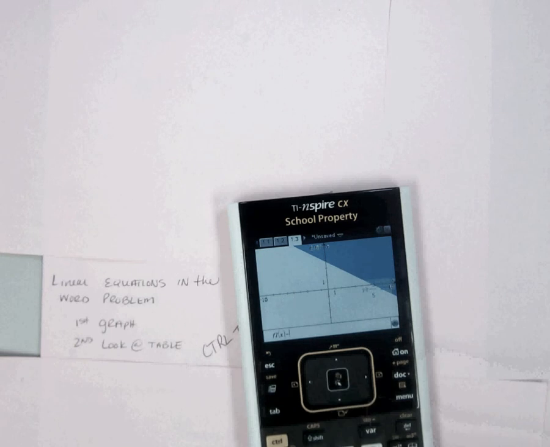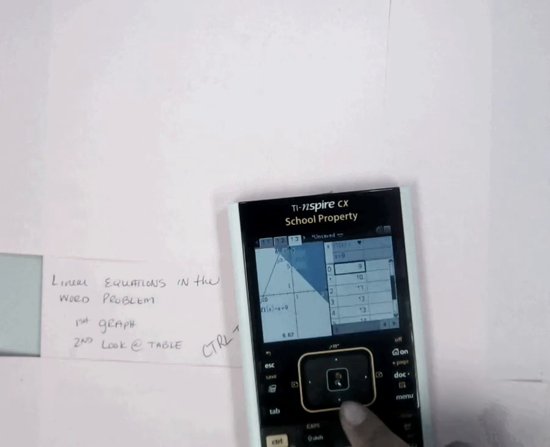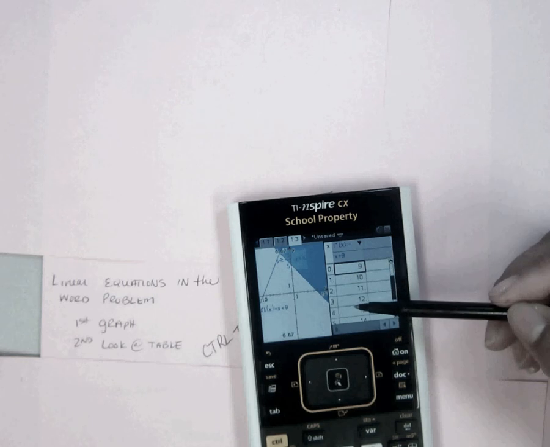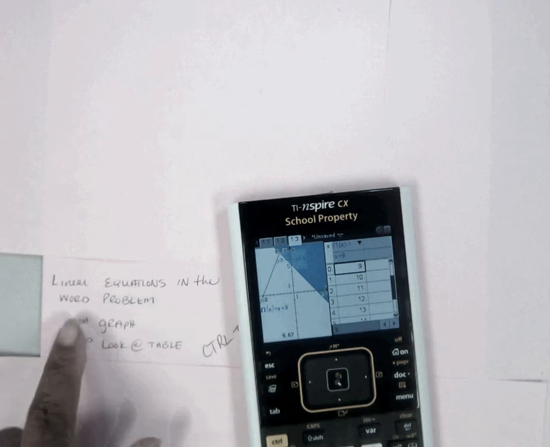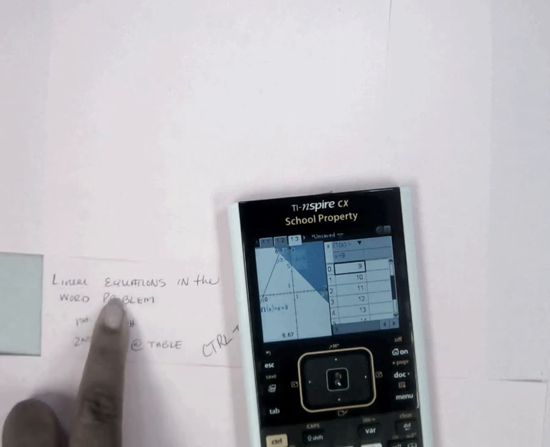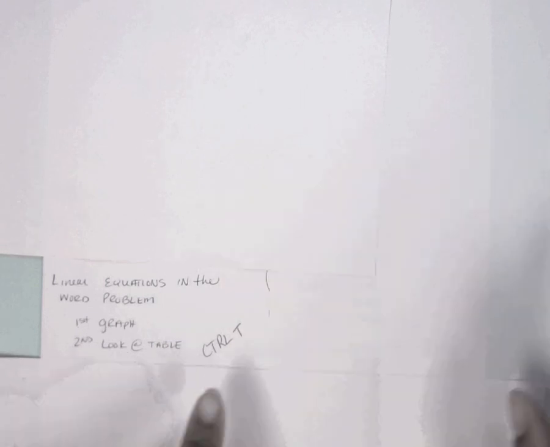For instance, if my equation is x plus 9, if I go to the table, Control T, I will see the points, and if there are points in my answer choice, this will help me. If there are words in my answer choices, looking at the table will help. So remember, if you see an equation in your word problem, graph it and look at the table. How do you get to the table? Control T.